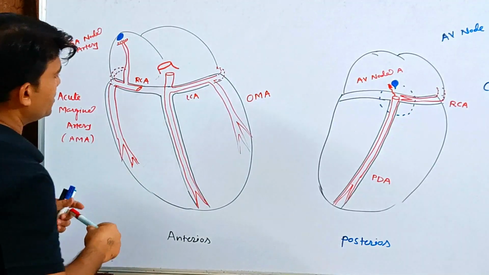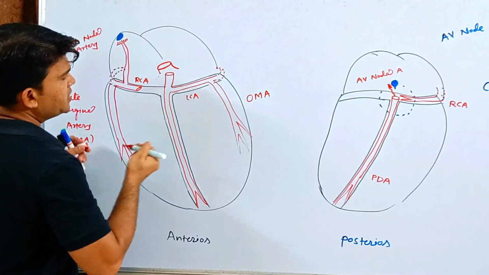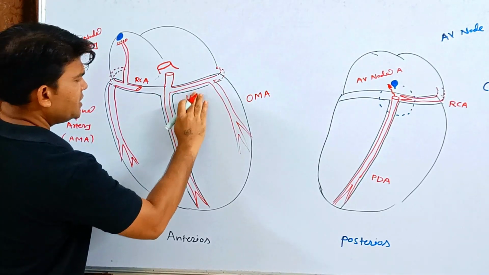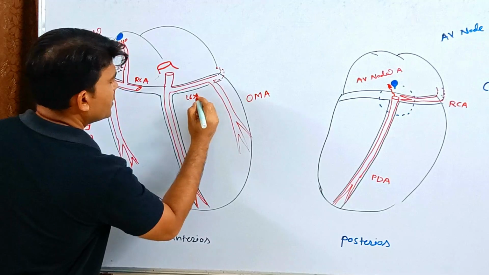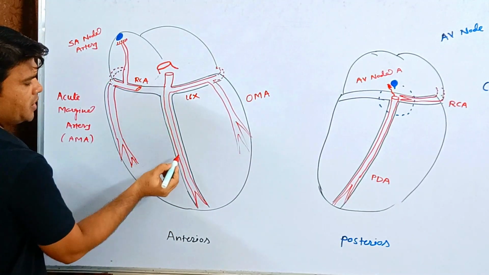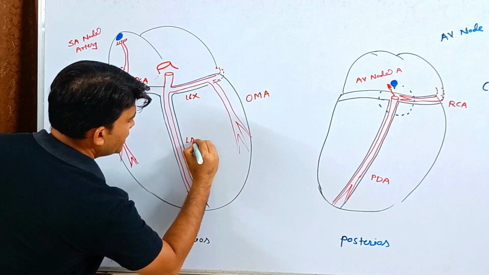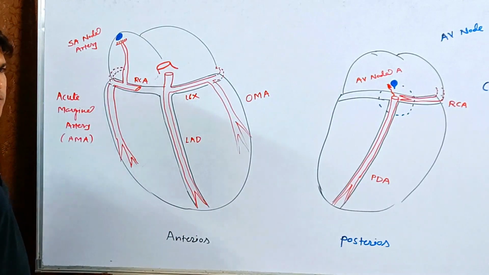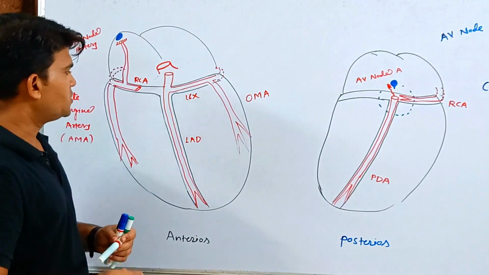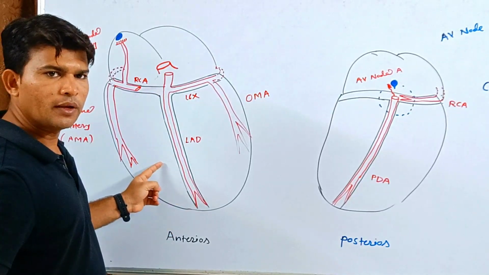Here we have another branch. This is the LCX, and what should be the name of this artery? This is the left anterior descending artery, otherwise called the anterior interventricular artery.